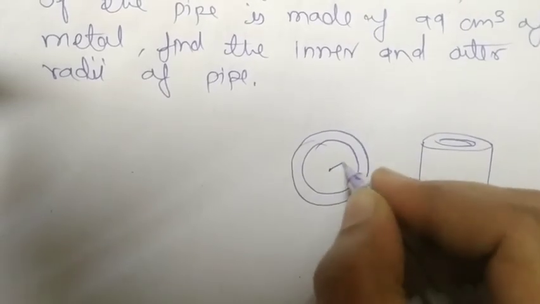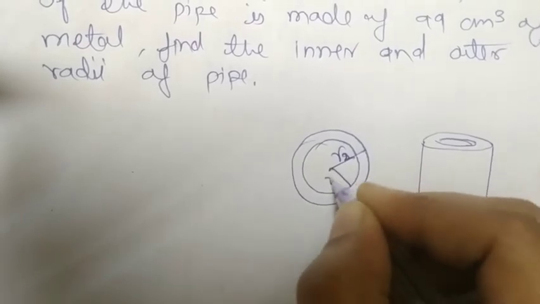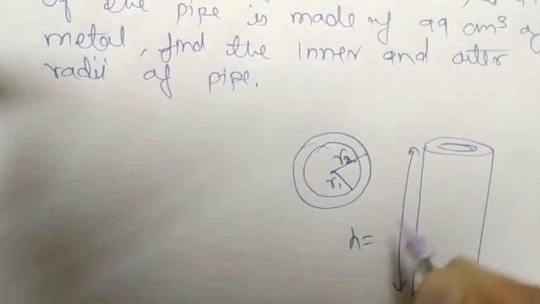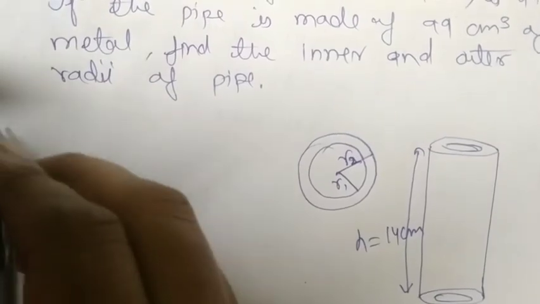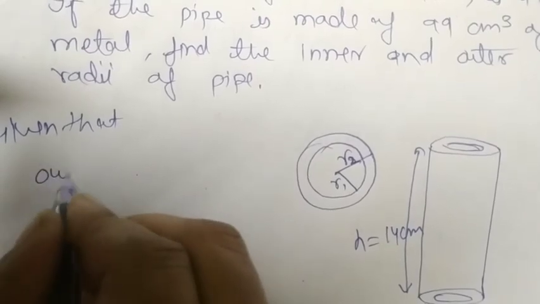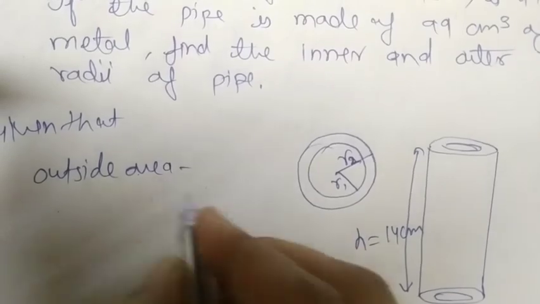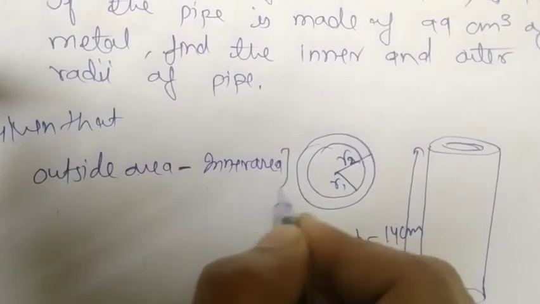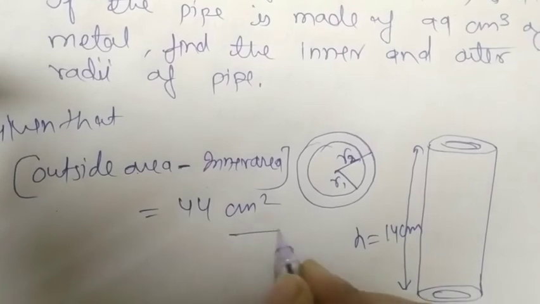Outer radius is suppose R2, inner radius is suppose R1. The height is h, that is given to us, 14 centimeter. And given that outside area minus inner area will be equal to 44 centimeter square.